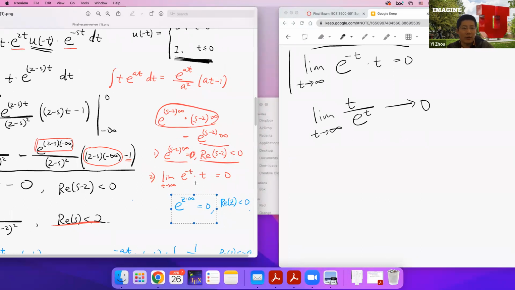So first of all, we still need this one to converge. It's a little bit misleading here. Let me think about what happened here.